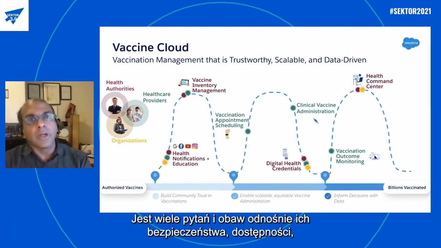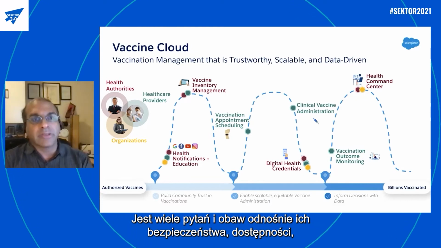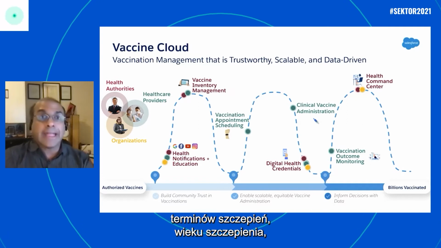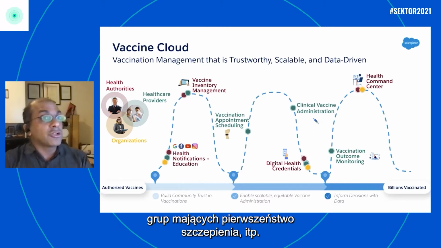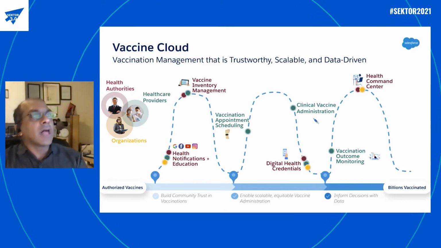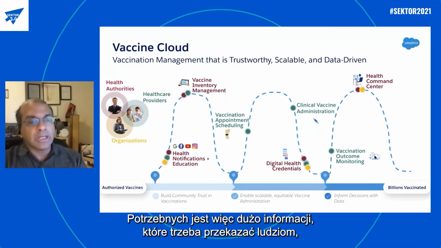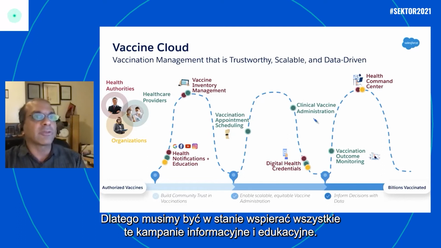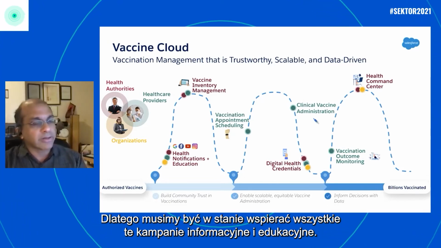And of course, there's a lot of questions and concerns by many people. Are they safe? How many are there? When can I get mine? What's the age that I can get? Who are the priority people who should be getting it right now? So there's a lot of education that needs to happen in communities to get communities ready and on board with vaccination. And so we want to be able to support all those notifications, all the educational content.